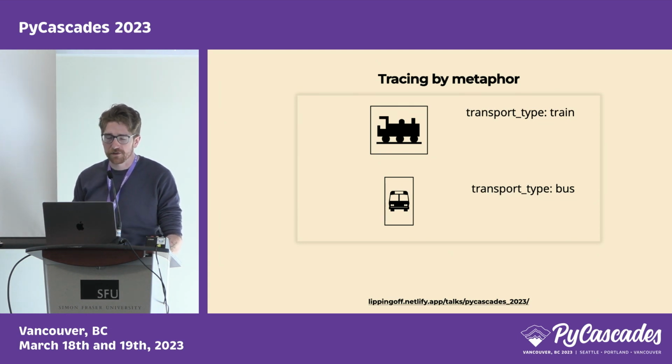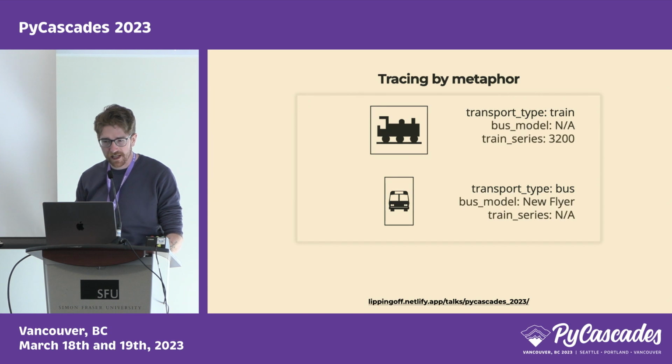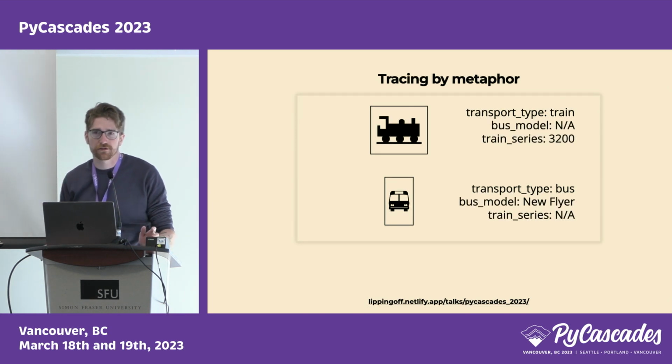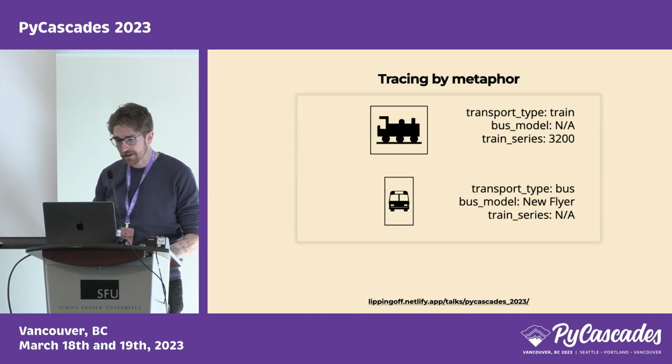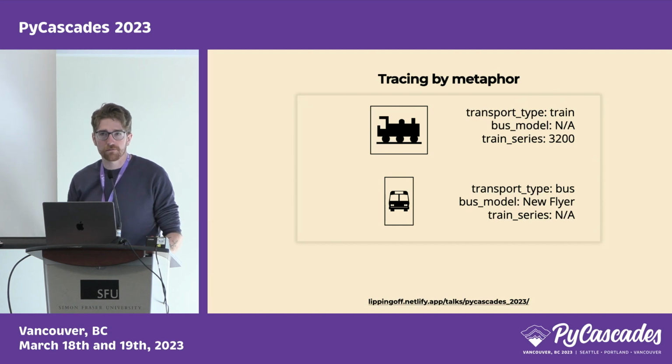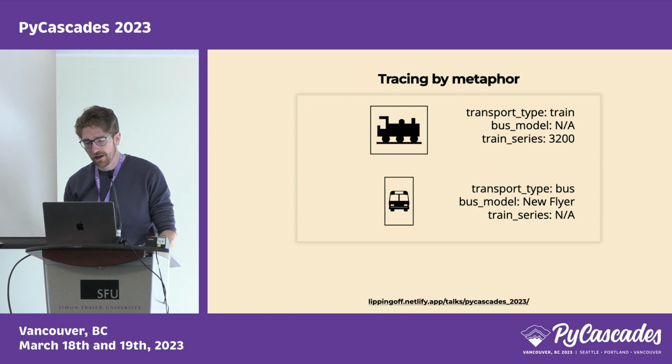But in practice, when you're doing tracing, you want to record a bunch of information that's not necessarily present across all of your different spans. For example, you might want to record the type of train or the type of bus taking you from place to place. Now, if you're not on a bus, you're not going to have a bus type.